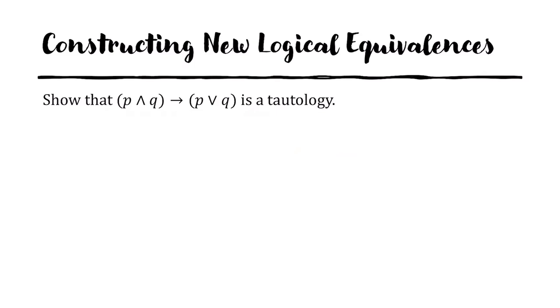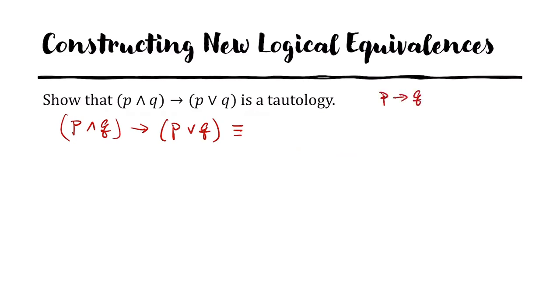This question is asking to show this proposition is a tautology, which means we want to show this statement will end up to be always true. So we have P and Q implies P or Q. Now the first thing we should always do is to get rid of the implication.